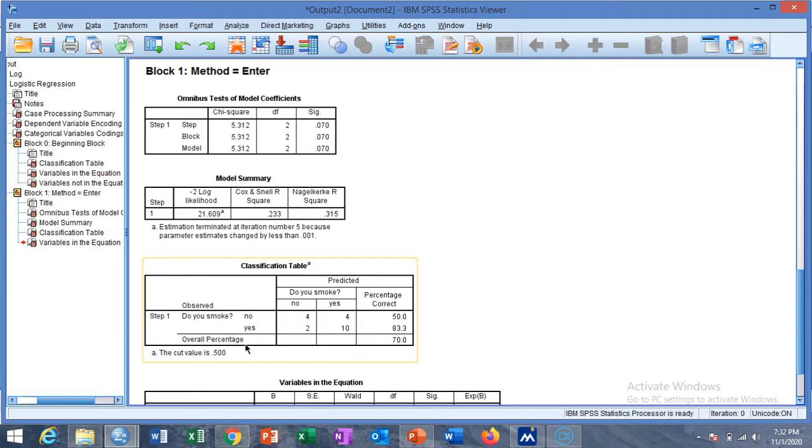And this table provides the classification table. This is the most important table, which shows how many cases are correctly predicted. There we can see that 70% of the values in the model have been correctly predicted in this regression model.